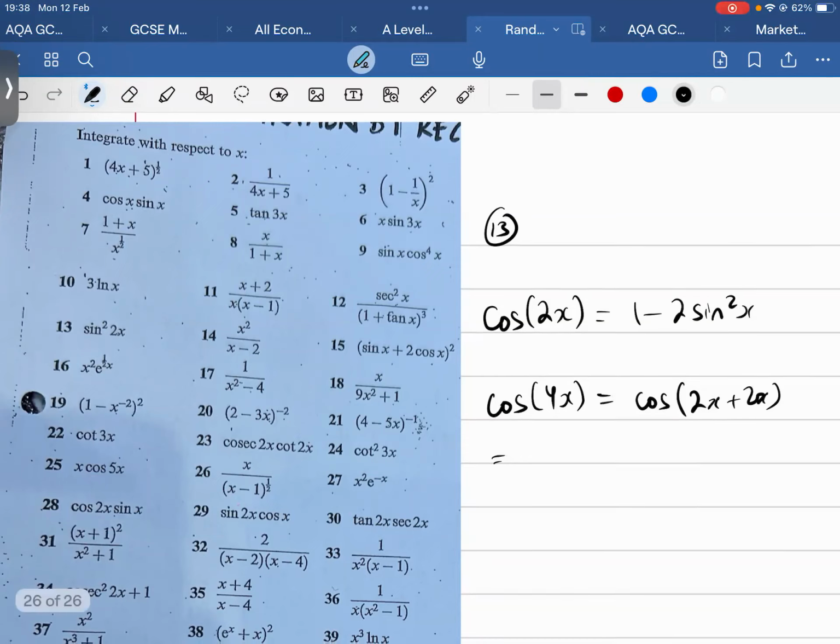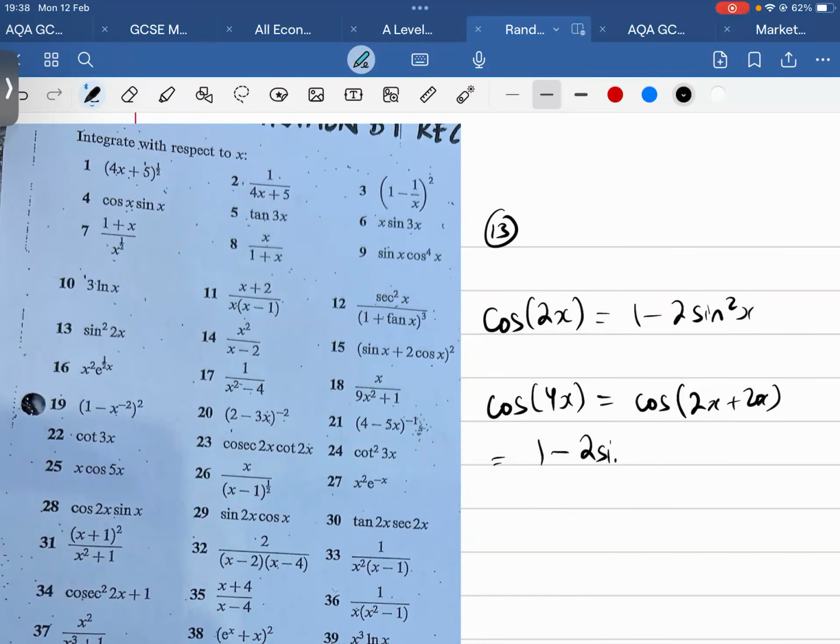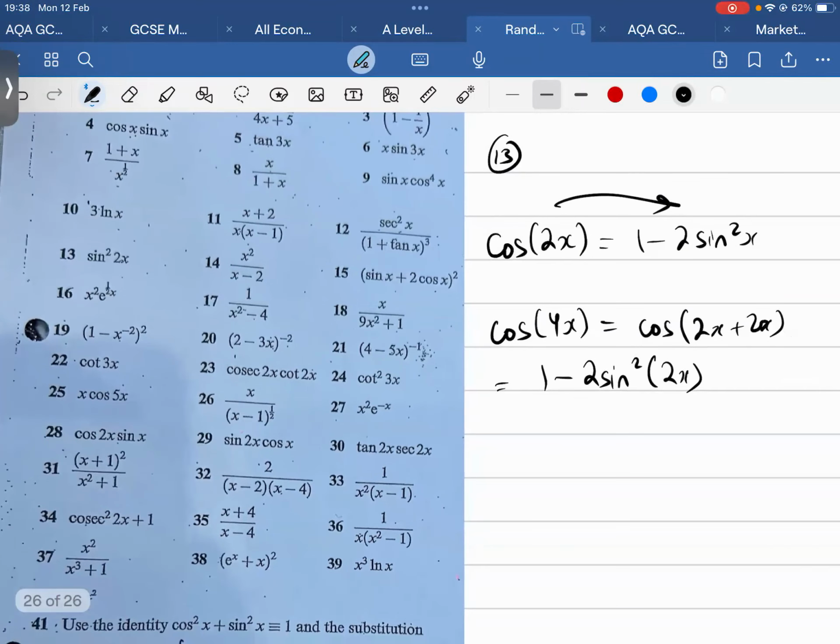So it should be 1 minus 2 sine squared 2x. If cos 2x is that, then cos 4x should be that. So we can use that.